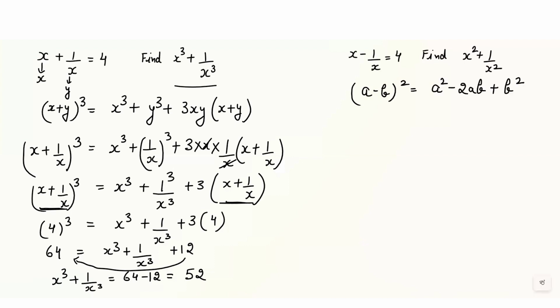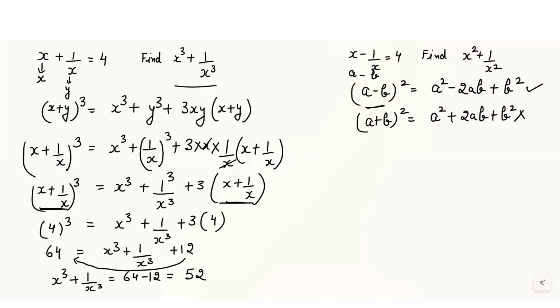I could also use the formula a plus b whole square, which is a square plus 2ab plus b square. But why am I using the first formula? Because they have given us x minus 1 over x. If I take x as a and this one as b, then a minus b is given to me. So I will use this formula because I already have the value of a minus b.